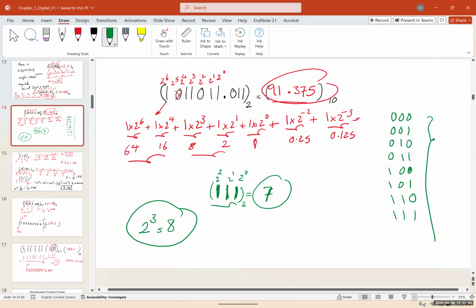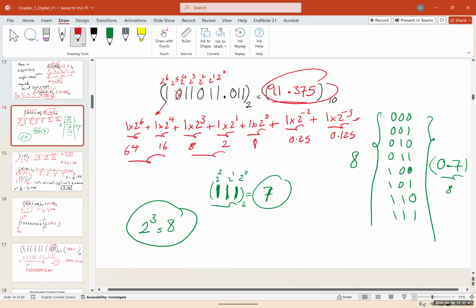How many digits do we have here? 1, 2, 3, 4, 5, 6, 7, 8. I have 8 digits. Yes. And what do the digits show? Between 0 and 7. So between 0 and 7, which is 8 digits.